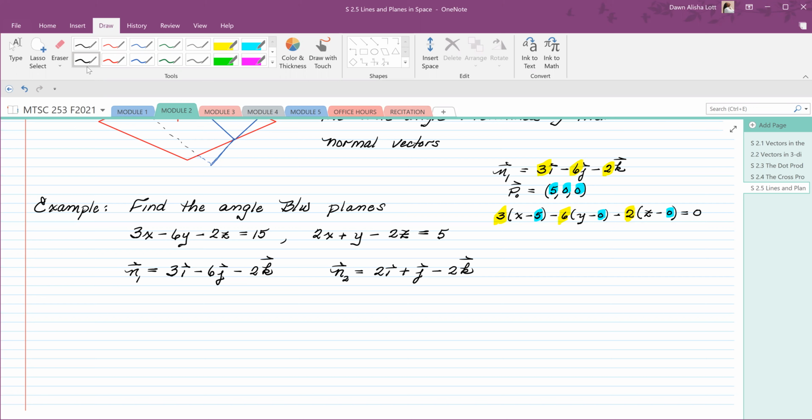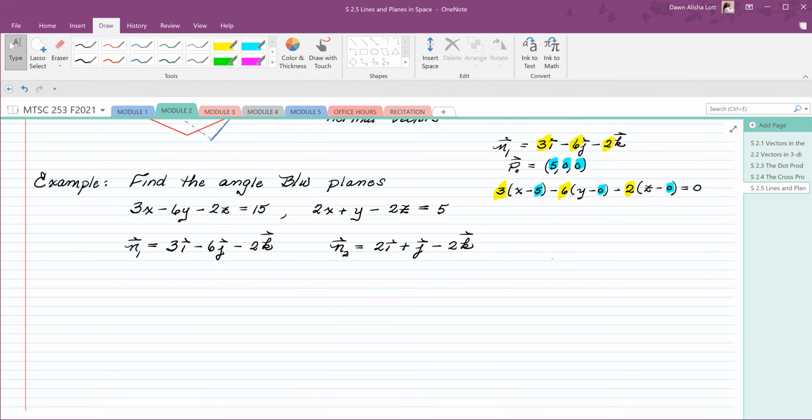So now how do you find the angle between two vectors? Don't you do the cross product? The cross product is going to give you a vector that's perpendicular to both of them. Oh, okay. So we're actually going to use the dot product.